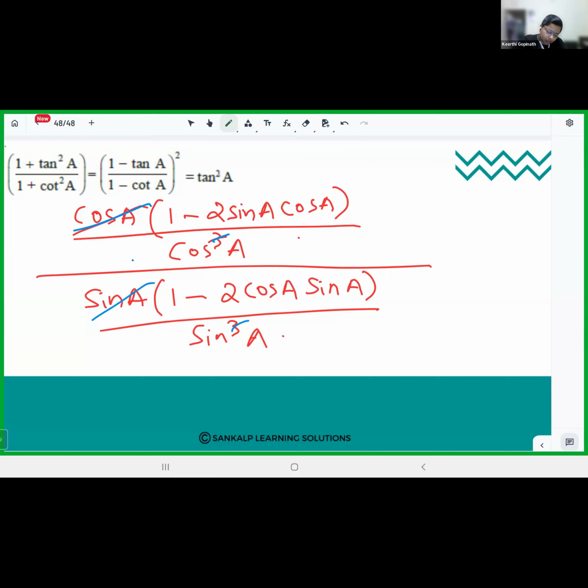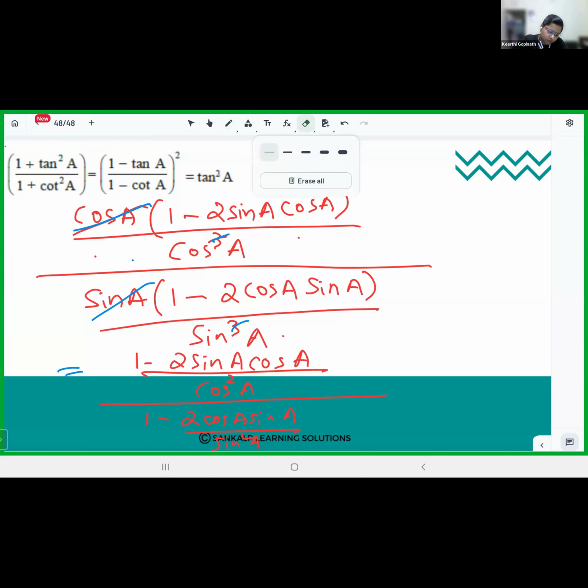So this will become 1 minus 2 sine A cos A divided by cos square A, divided by 1 minus 2 cos A sin A by sine square A. Now you take the reciprocal and multiply.